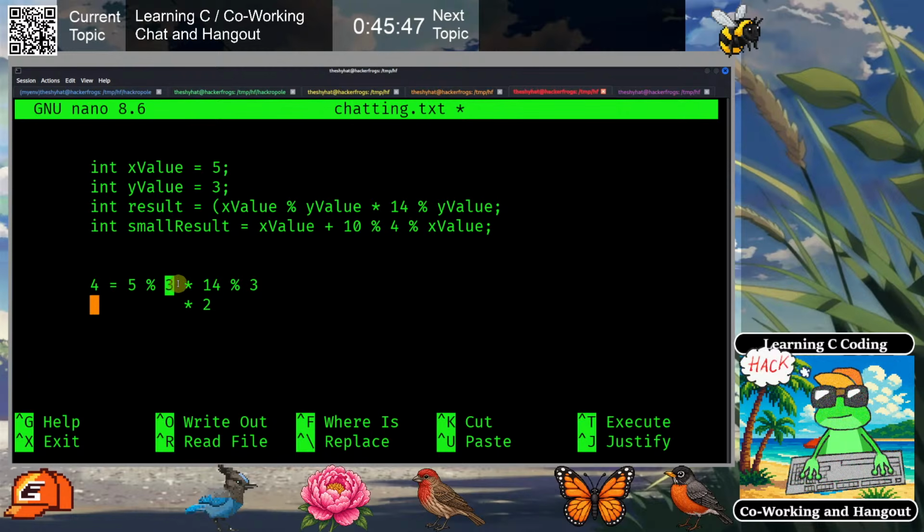5 modulo 3. Wait, this is... So we just... Basically, we have to do this, right? We need to put our parentheses here to result in 2 times 2, which gets us 4 for the regular result.